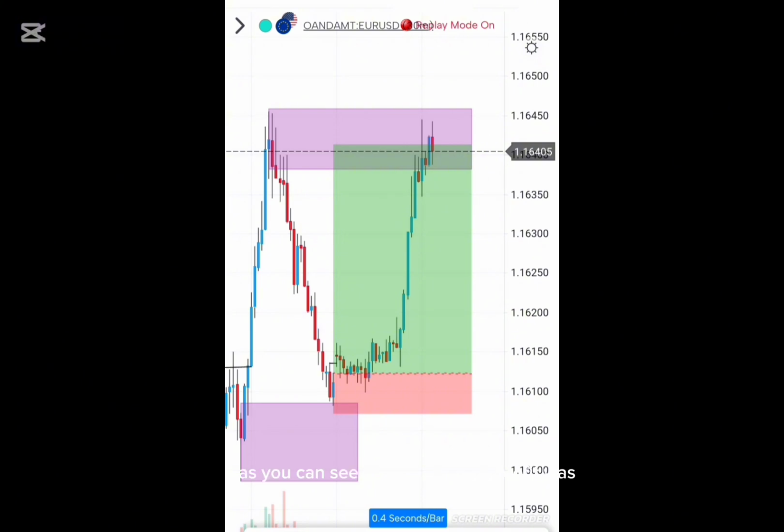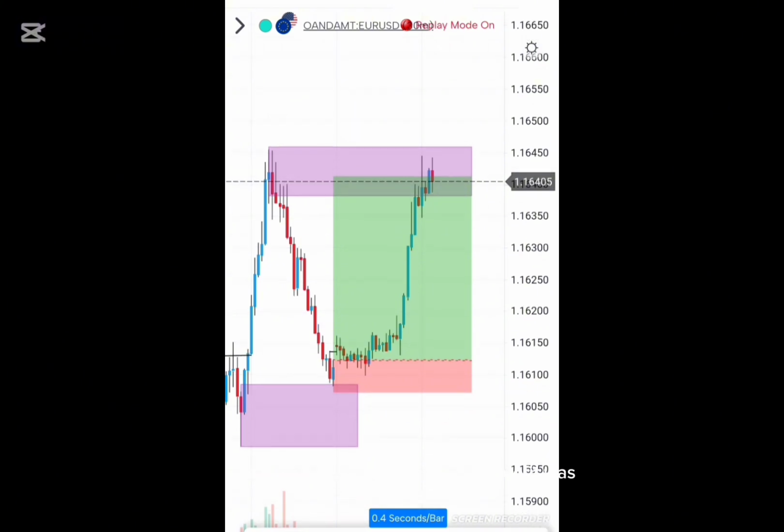As you can see, traders, the take profit is already hit. Let's look at the sell part of this structure.